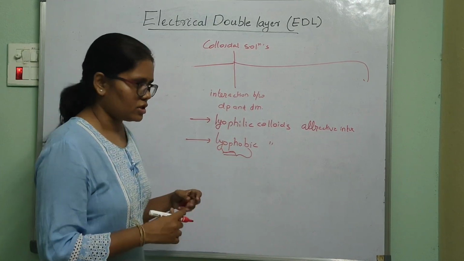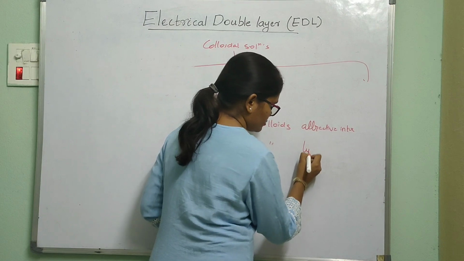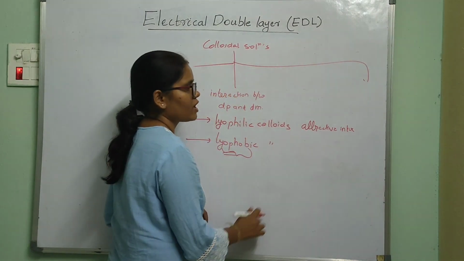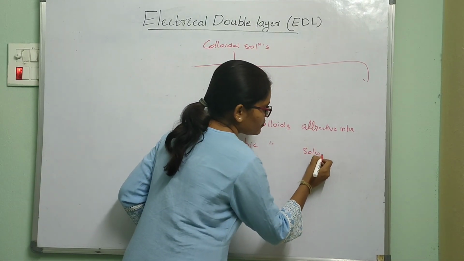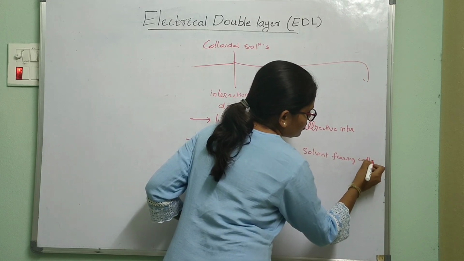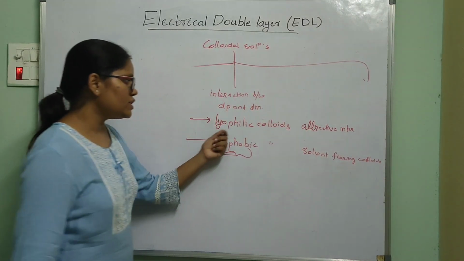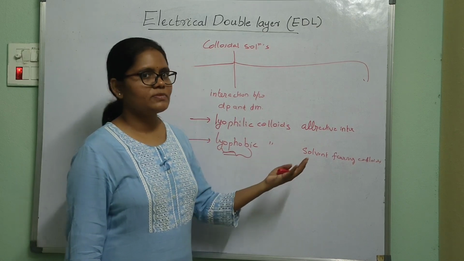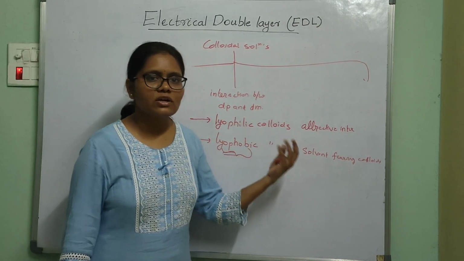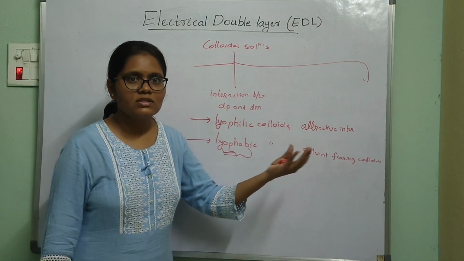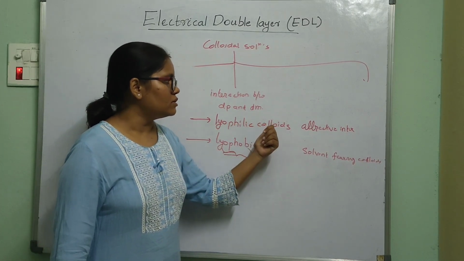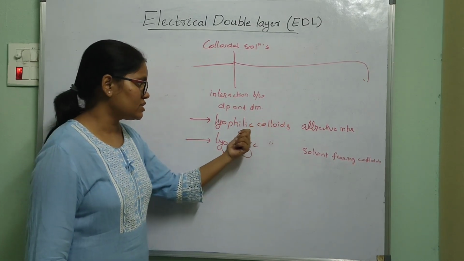Such colloids are called lyophobic colloids, or solvent-fearing colloids. Lyophilic colloids are those in which the colloidal particles easily disperse into the solvent because of attractive interactions, and lyophobic colloids are those in which the particles do not like to disperse into the solvent, right?